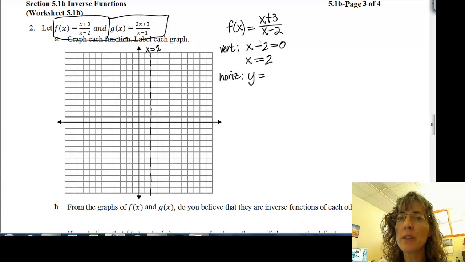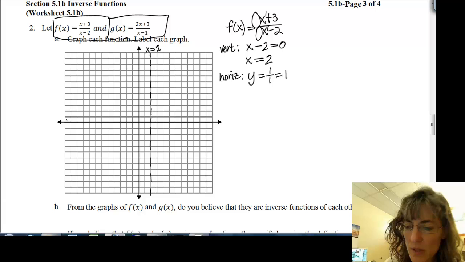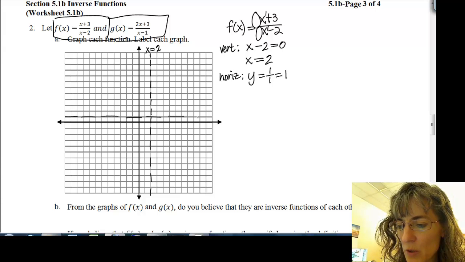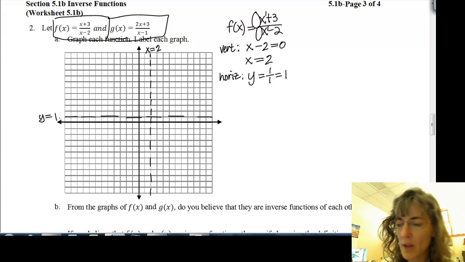Now remember, it's a little bit different if the degrees aren't the same, but on this one it's a degree 1 and a degree 1. So I take the ratio of the two coefficients, which are implied ones, so 1 over 1 or 1. So y equals 1 is my horizontal asymptote, so I will mark it in. And then I'm ready to do an XY table.